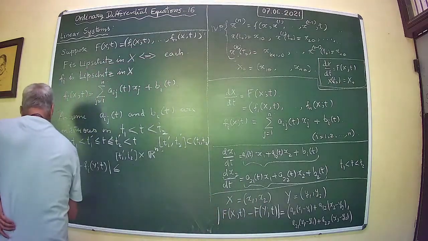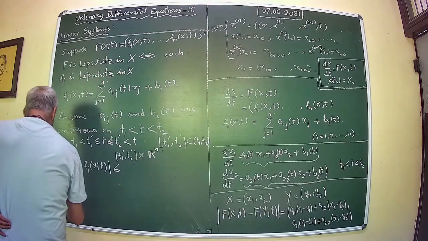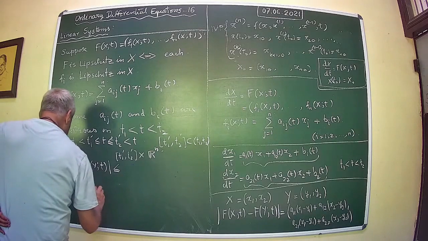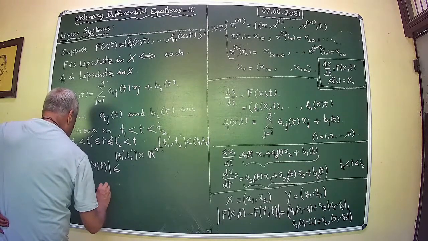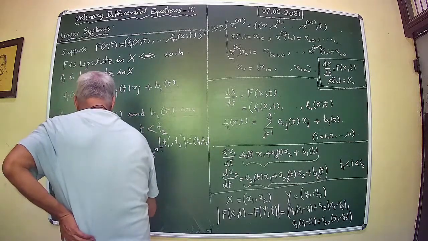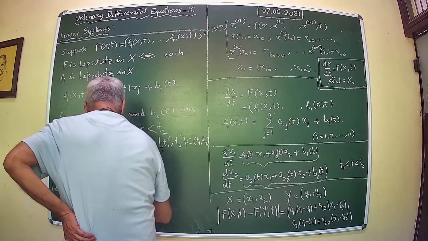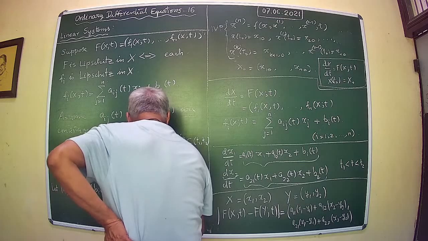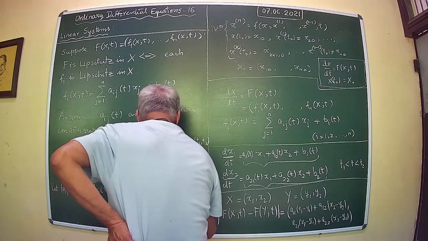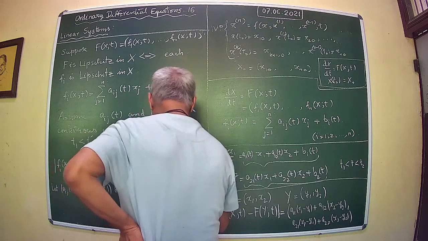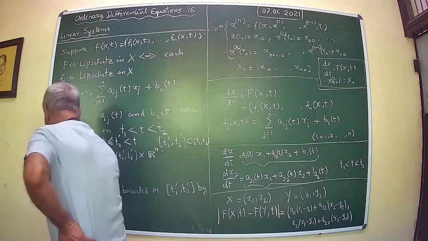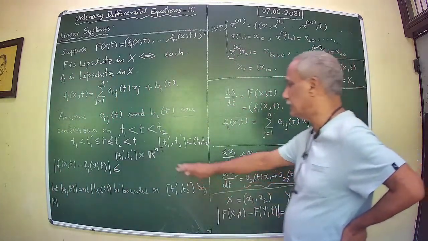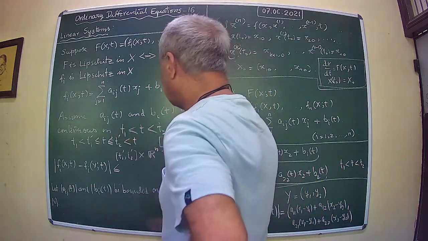So let m be the common bound. It is bounded because it is continuous and this is a compact interval, therefore all these continuous functions are bounded.